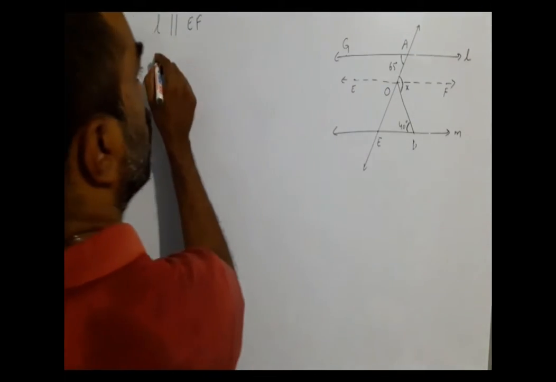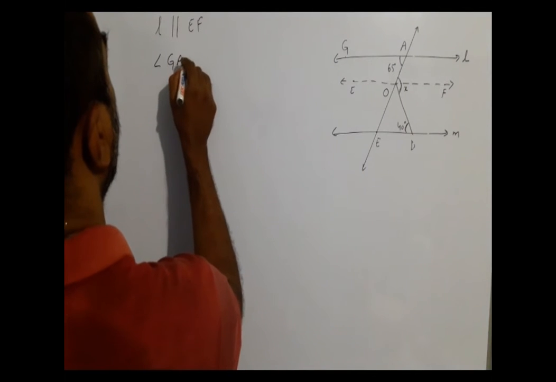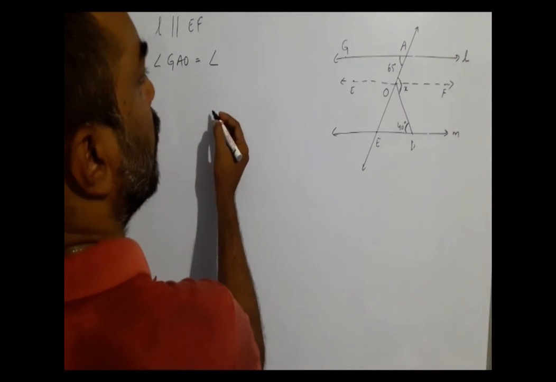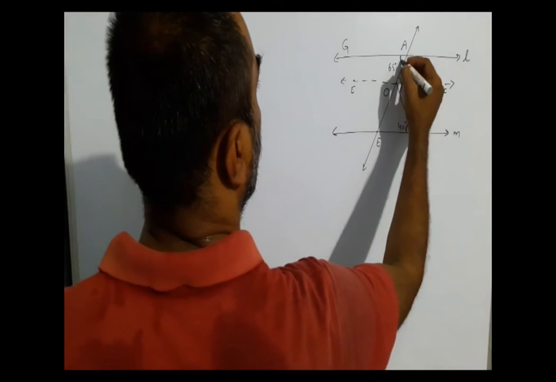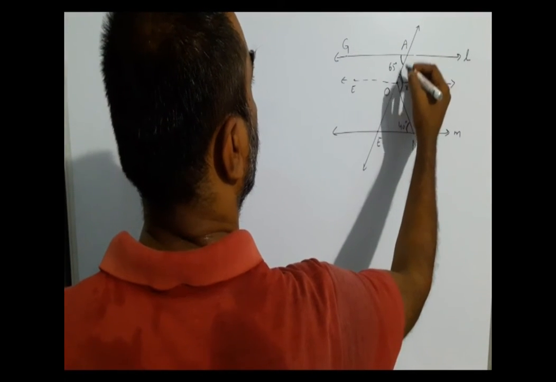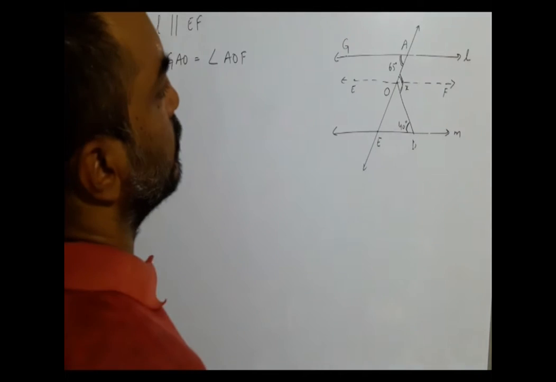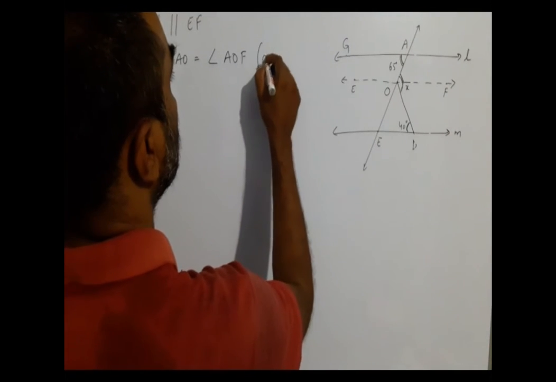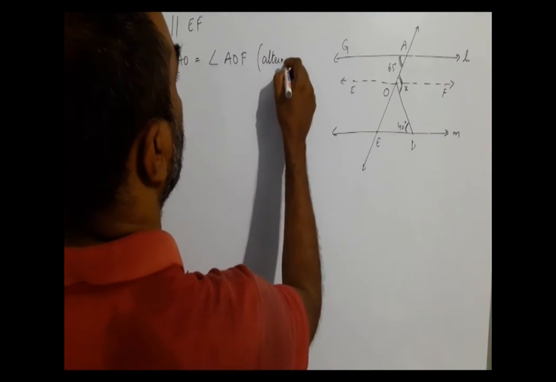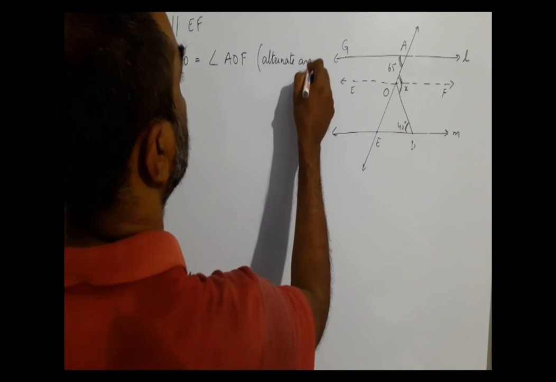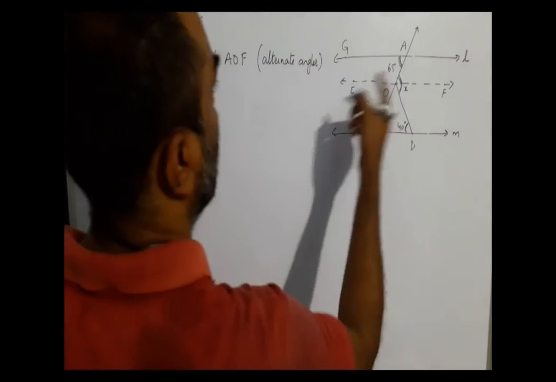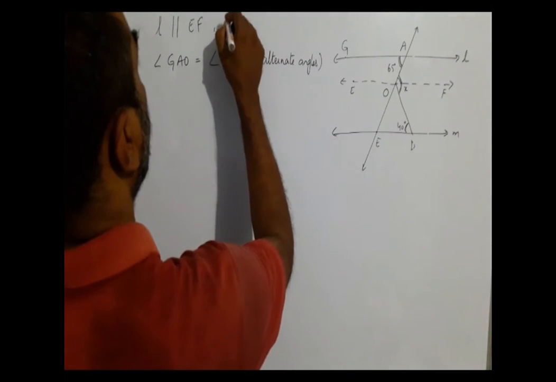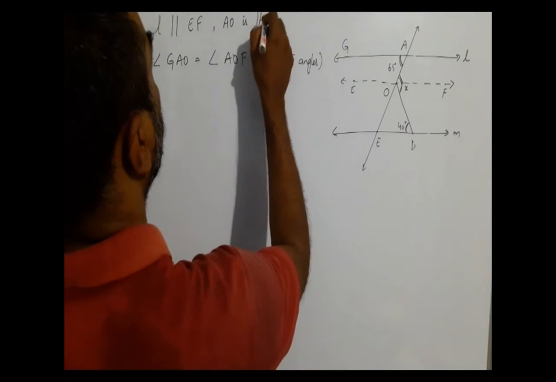So angle GAO equals angle AOF. Why? The reason is they are alternate angles. We have to mention here that L is parallel to EF and AO is the transversal.